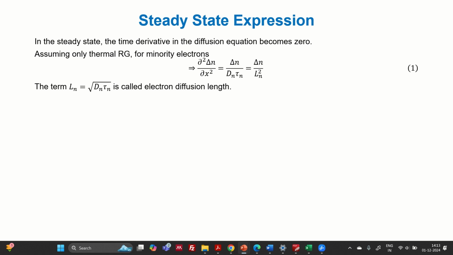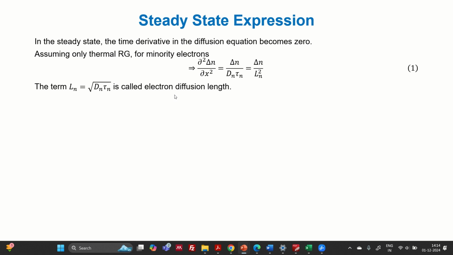Some of the electrons will recombine very early, some of them will recombine later, at a larger distance. So every electron will recombine at some different distance, and the mean of all of those distances is basically your electron diffusion length. So it's the average distance after which your minority carrier, which is electron in this case, will recombine with the majority carrier hole.